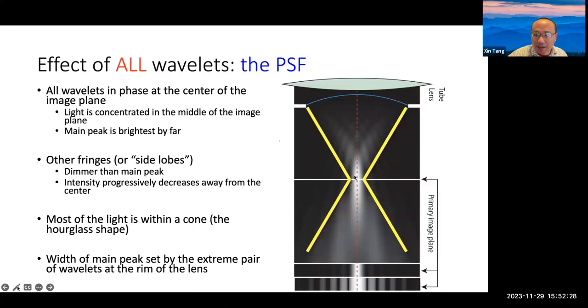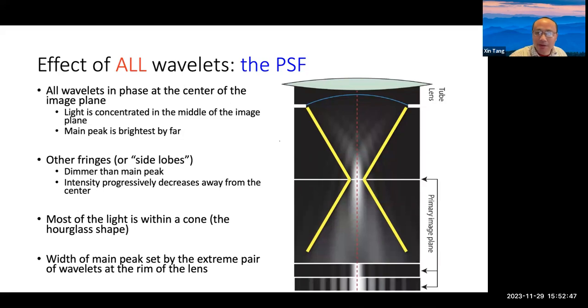The center part is very bright, the other parts are less bright, but you still have some residual fringes there. Those residual fringes exist because this wavefront is only part of the light from the original sample.